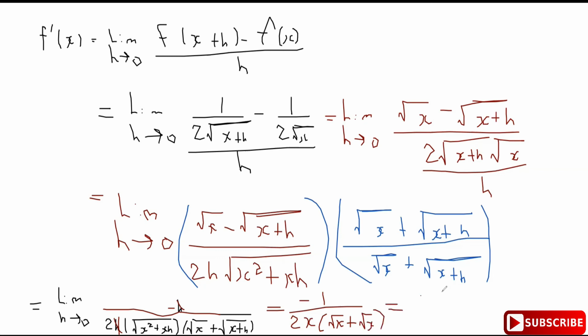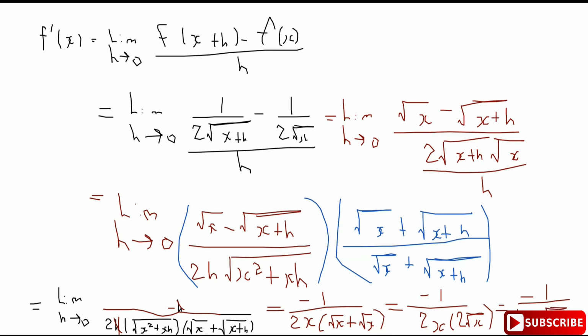So we end up getting minus 1 over 2 times x multiplied by 2 root x. So the final answer is minus 1 over 2 times 2 is 4, so we get minus 1 over 4x times the square root of x.